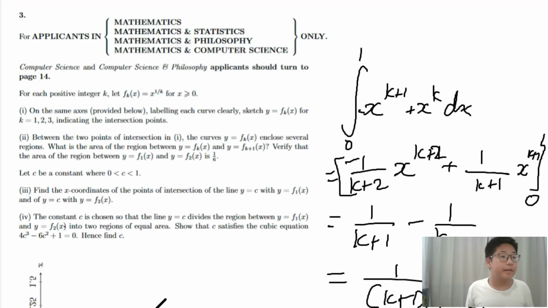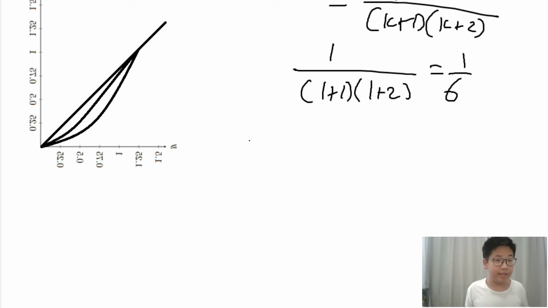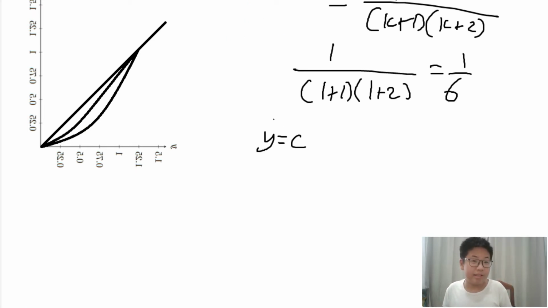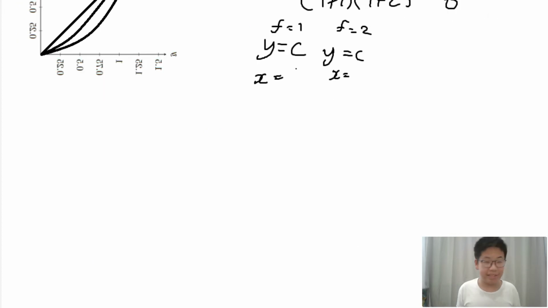There. Let c be a constant. Find the x-coordinates of the points of intersection of the line y equals c with y equals f_1(x) and y equals f_2(x). So obviously, y equals c. We have f_1 and f_2, with y equals c, and x equals c, because we just made the inverse function.